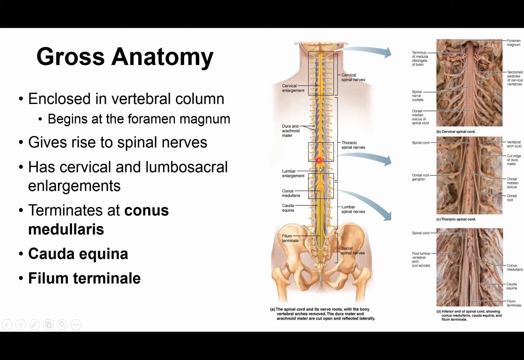Finally, the spinal cord terminates at the section called the conus medullaris, which is down here. And the cauda equina is all of this section here. And then this little green structure that you see coming down is called the filum terminale. And we're going to talk about each of these structures in more detail.